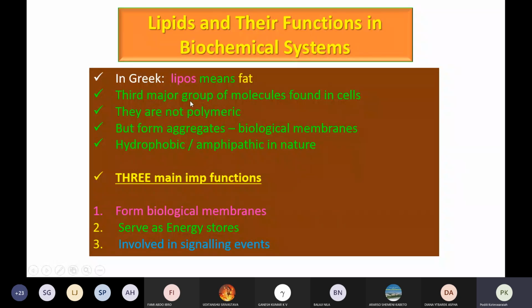In Greek, lipos means fat. These are the third major group of biological molecules found in the cell.